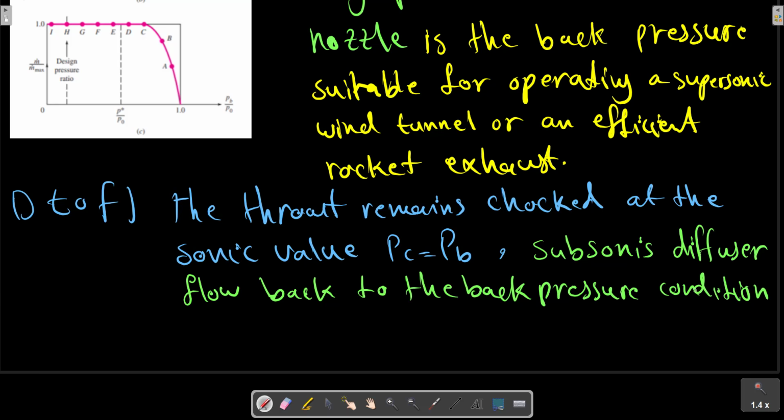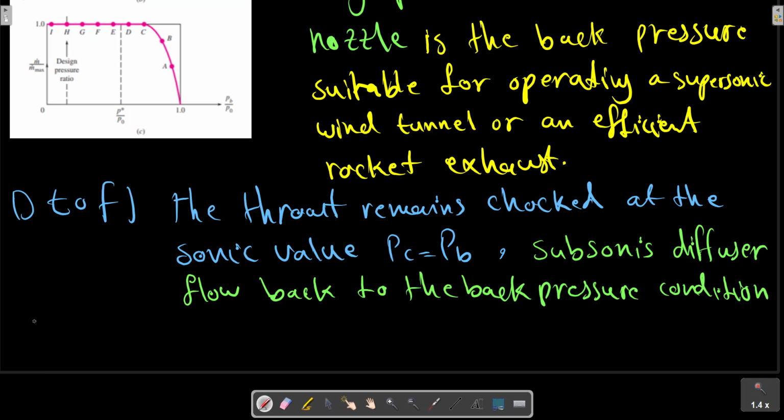At back pressure G, no single normal shock can do the job, and so the flow compresses outside the exit in a complex series of oblique shocks until it matches PB.